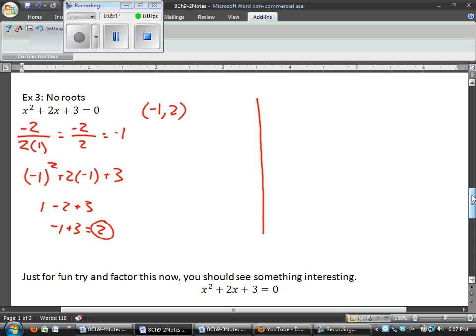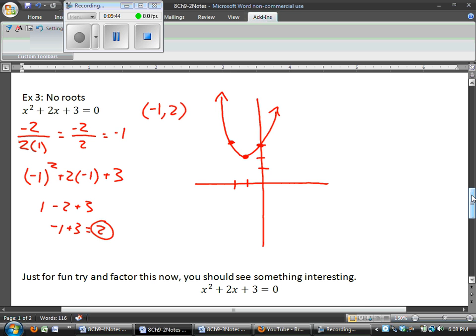All right, let's go ahead and graph this. (-1, 2). Now, some of you might already be noticing something different and seeing what's going to happen here. So now I use my slope to go up 1, right 1, up 1, left 1. And we should see something kind of funny here. Our graph is not crossing the x-axis anywhere.